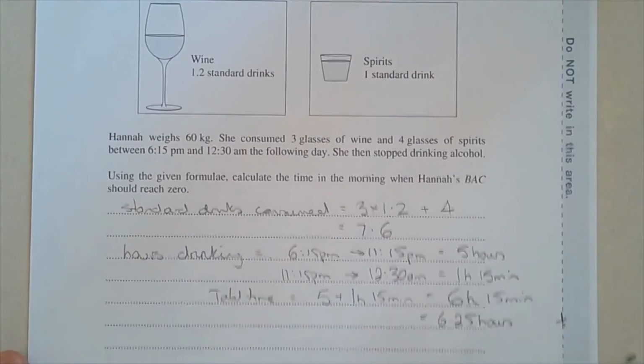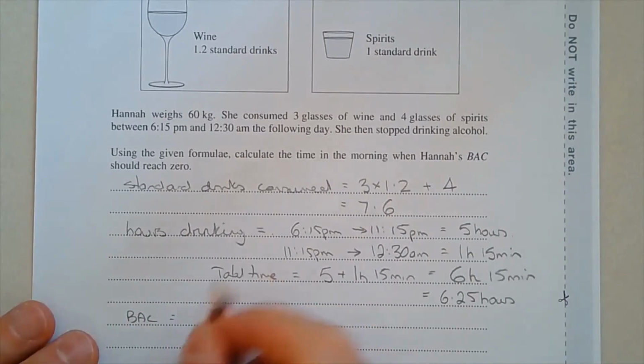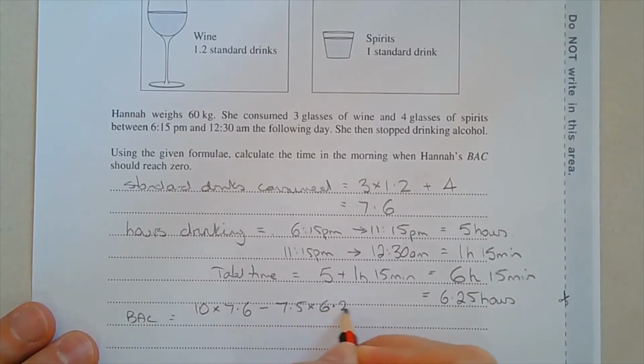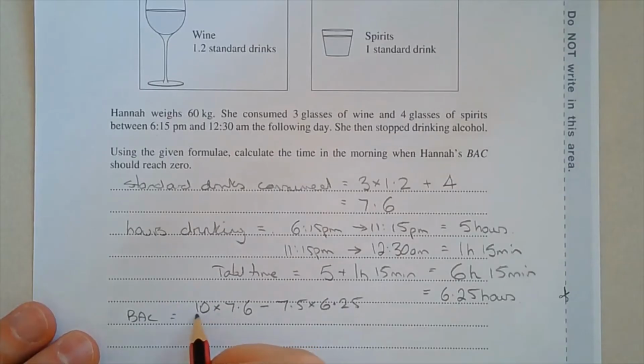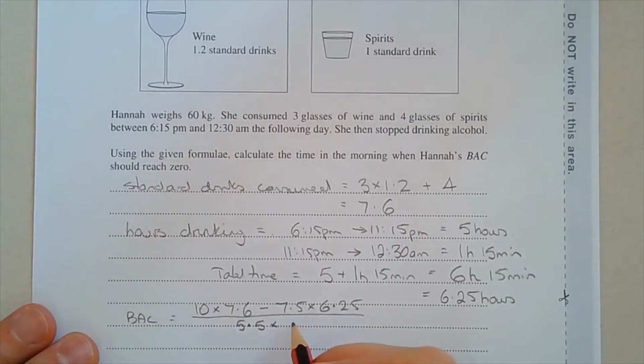Now let's apply the BAC formula. Okay, and that's equal to 10 times N, which is the number of drinks, which was 7.6. Okay, minus 7.5 H, which is the number of hours drinking, all over 5.5 multiplied by Hannah's mass, which is 60 kilograms.